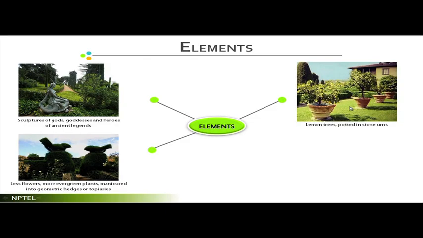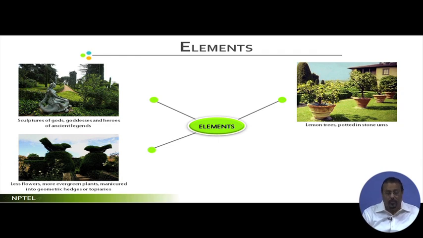But this is the entry of the style, one of the elements in our landscape, that's called topiary. And the topiaries generally don't have the flowery creepers, they are green creepers. So just look at this particular picture, you'll find it's a picture of a bird over a base. Now this is very precariously created.